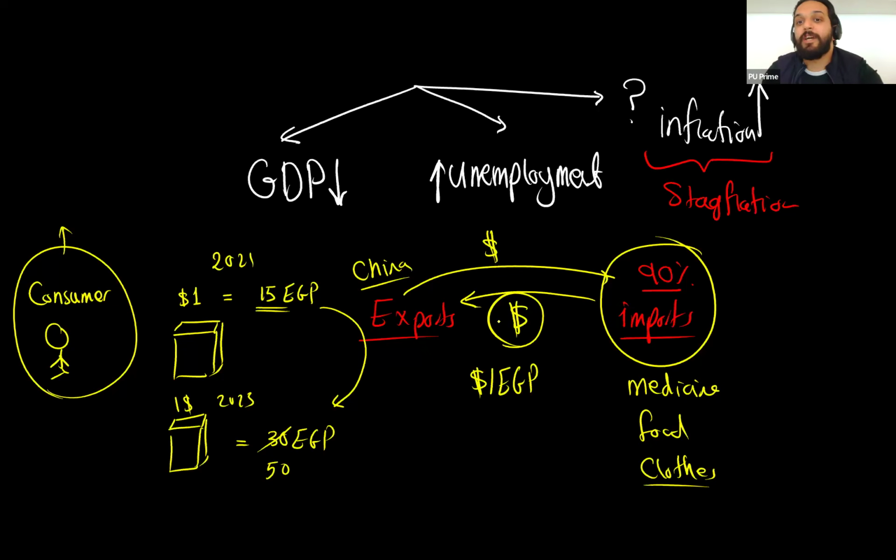So this might be an external cause of what? Of inflation. And this is known as stagflation. The same thing happens in Lebanon, and the same thing is going to happen in Turkey, and so on. So guys, it is not necessarily true that the market follows the cycle. Maybe there are some external factors that might lead to inflation apart from people having a lot of money, right? Is that clear?